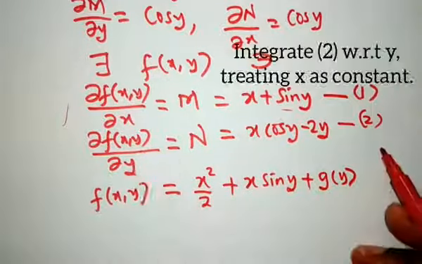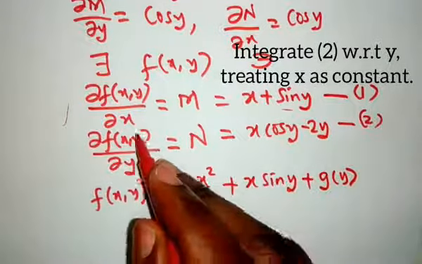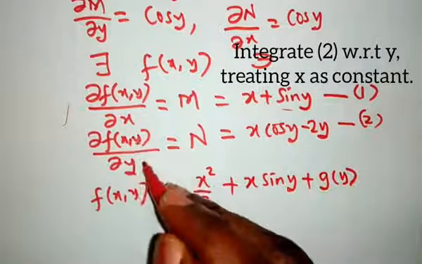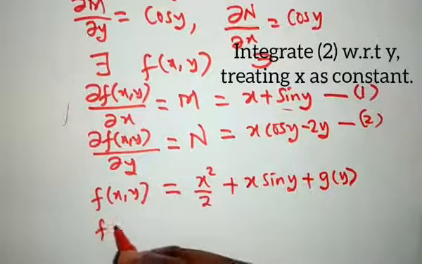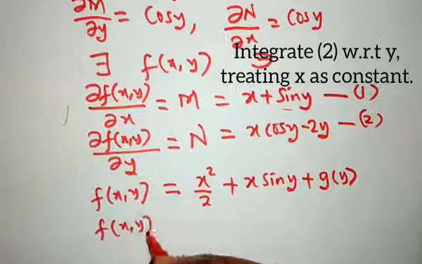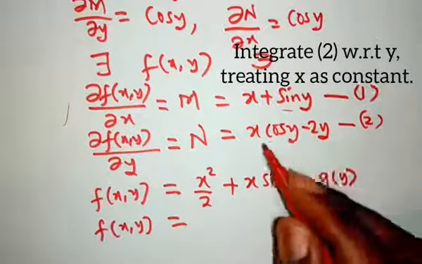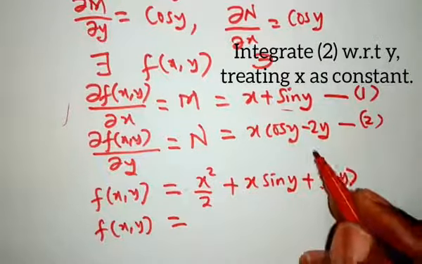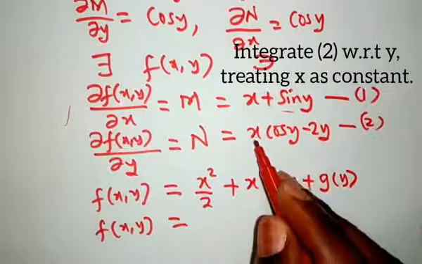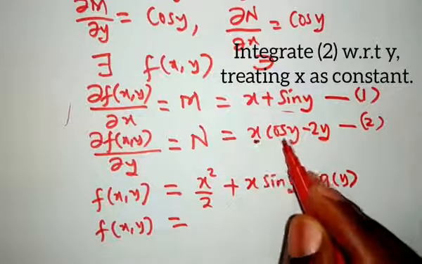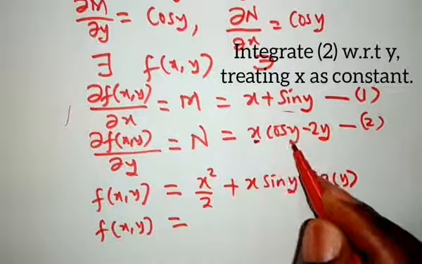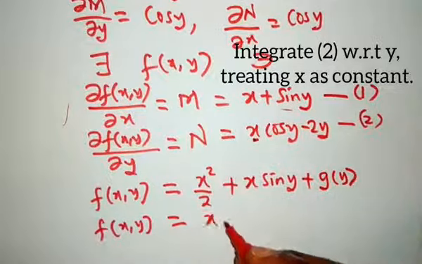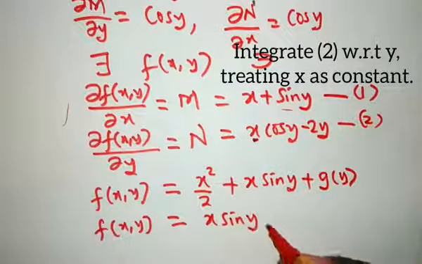Now, we also integrate equation 2 with respect to y. So if we integrate the left-hand side with respect to y, we have f of x comma y equals, integrate this with respect to y. So we are treating x as a constant here. If we integrate cos y with respect to y, we have x sine y.